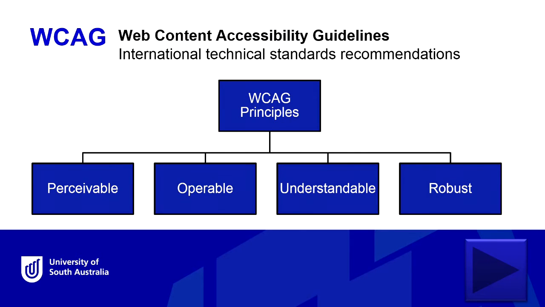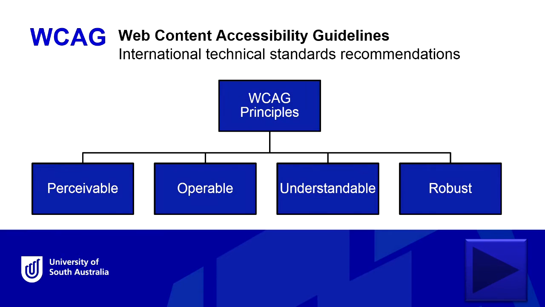Now let's take a look at Web Content Accessibility Guidelines, or WCAG. Developed by an international consortium of educators, communicators, and technologists called the W3C, the Web Content Accessibility Guidelines aim to provide a single shared standard for web content accessibility for individuals, organizations, and governments.